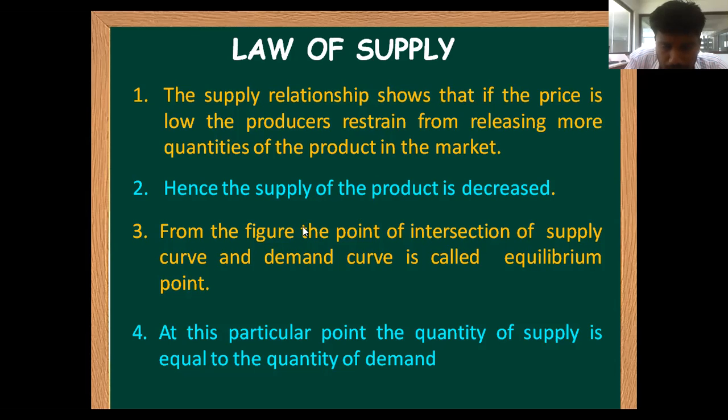You can see over here in the figure that the point of intersection of the supply curve and demand curve is called the equilibrium point. Wherever these two meet, this point is called the equilibrium point. At this point the quantity supplied is equal to the quantity demanded. So both are the same.